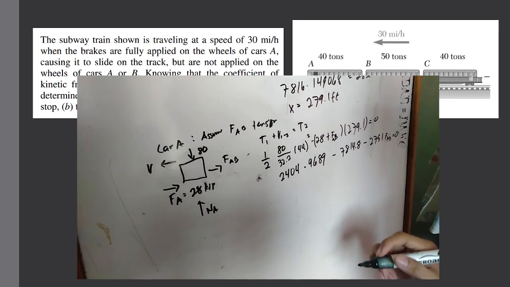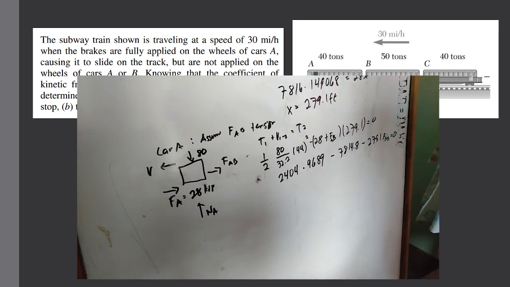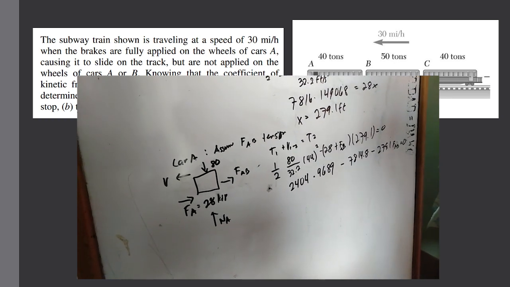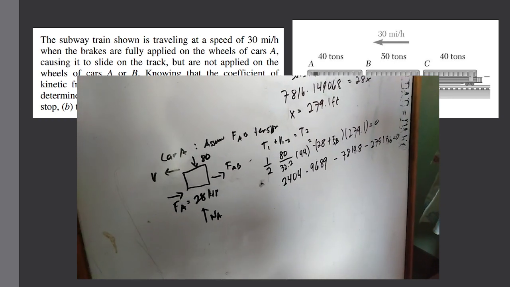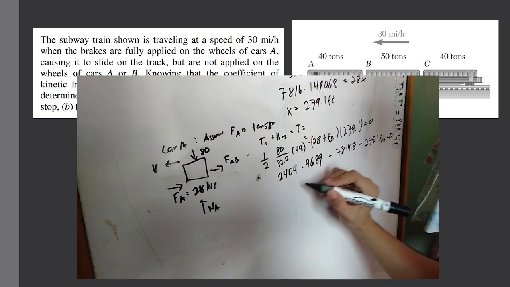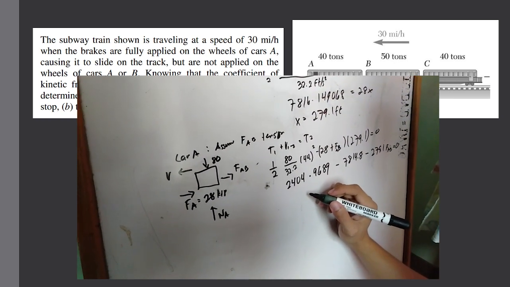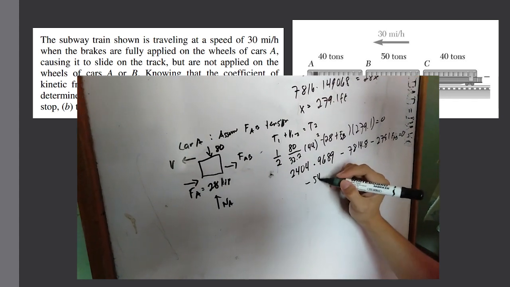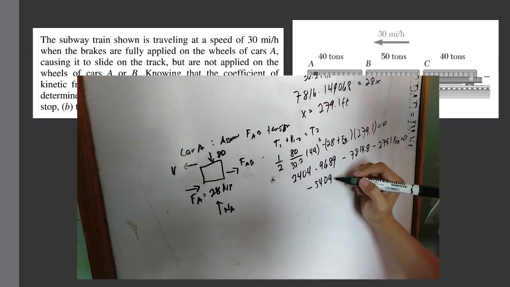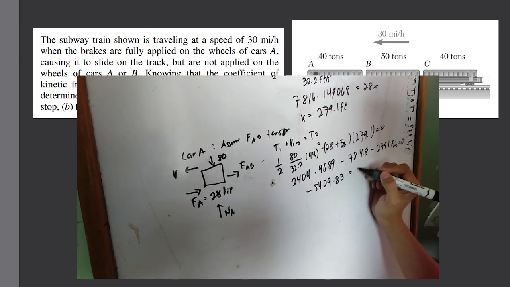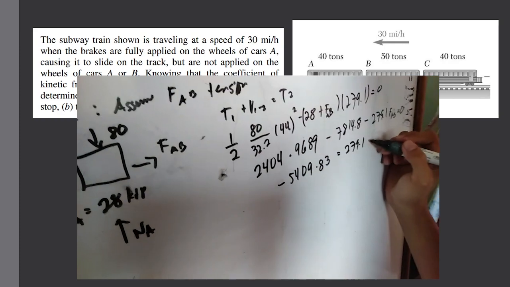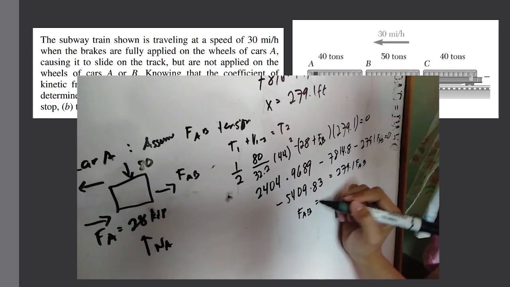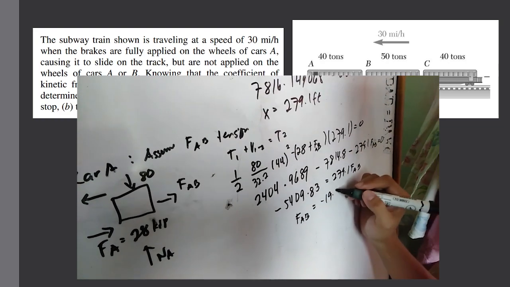So, let's compute this. We have 2,409.689 minus 7,814.8, that is negative. Negative 5,405.83 equals 279.1 FAB. FAB is simply negative 19.38 kips.